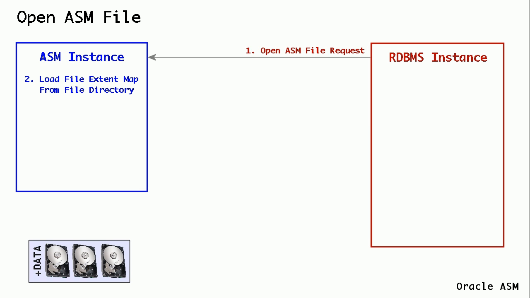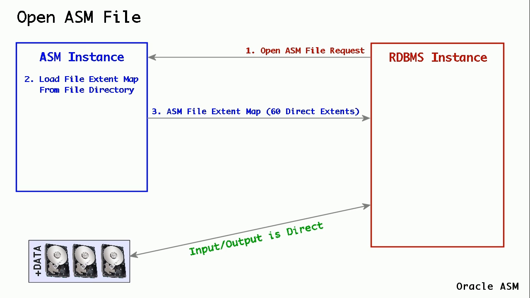Then, ASM Instance sends the first 60 direct extents from the file extend map to database instance. Database instance keeps this file extend map in its system global area. Using the file extend map, database instance performs any file input-output directly to ASM disks. Note that ASM Instance does not perform any file input-output on behalf of database instance.